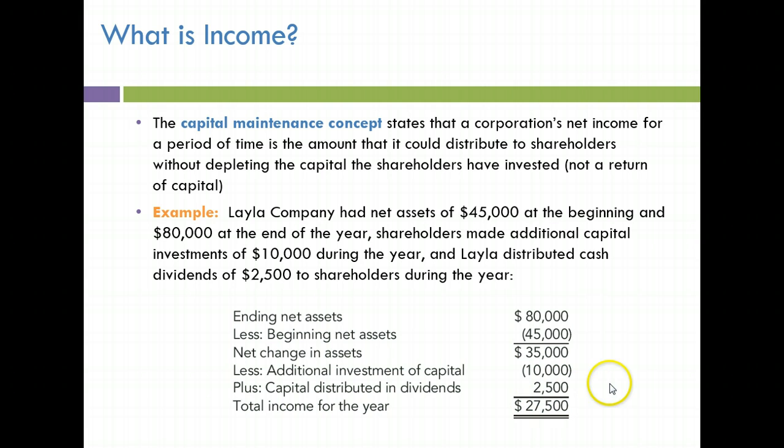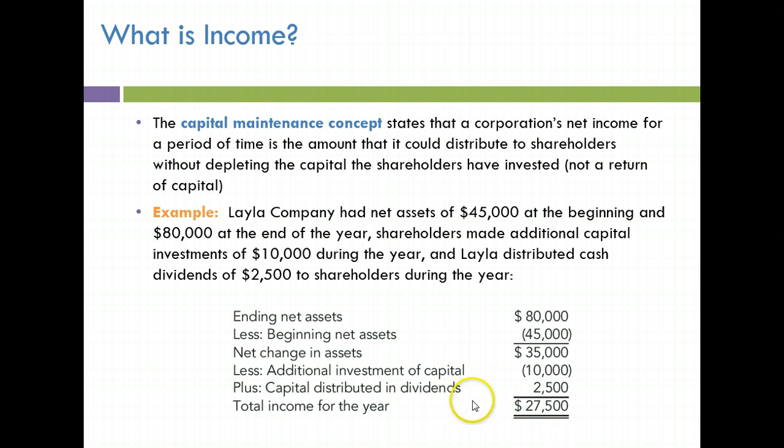An extra $10,000 was distributed in stock, which basically shows that we received cash as a result of that stock. Do you understand what I'm saying? So of the excess $35,000 change in net assets, $10,000 of that, whatever the asset, but cash, was due to selling more stock.